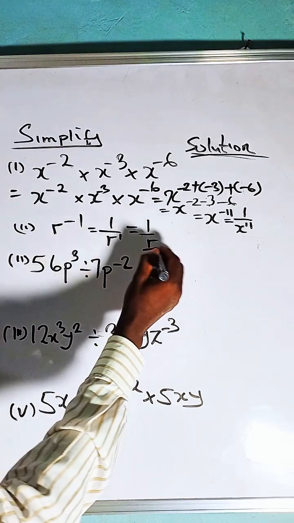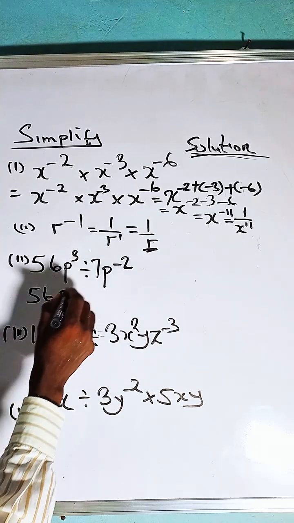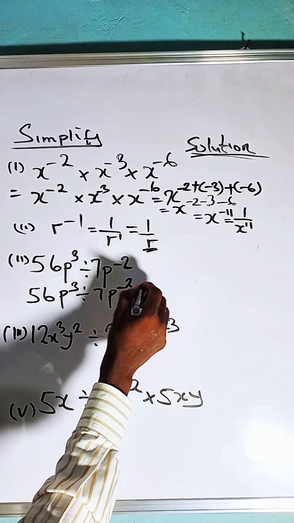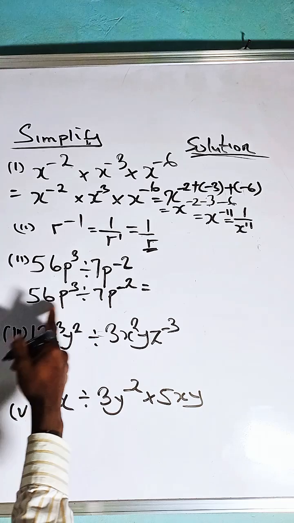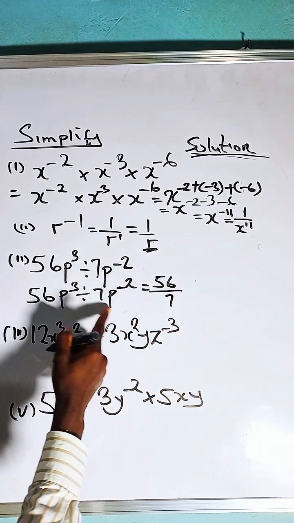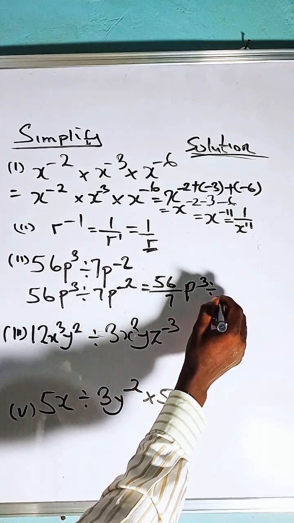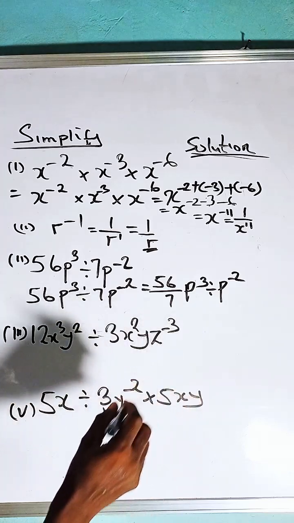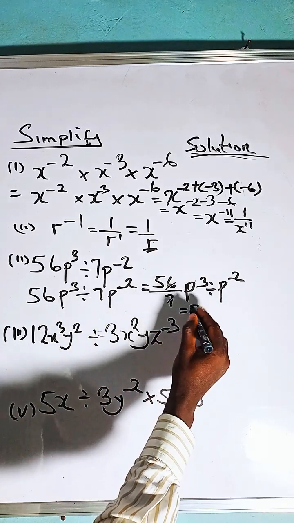For the third expression, we have 56p raised to power 3 divided by 7p raised to power minus 2. Since we are dividing, we can have 56 divided by 7, and take the p's together as p raised to power 3 divided by p raised to power minus 2. 7 times 8 is 56, so we have 8.